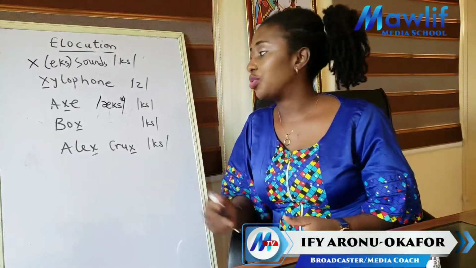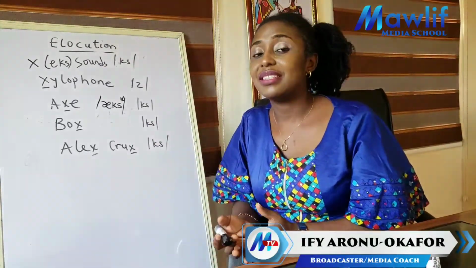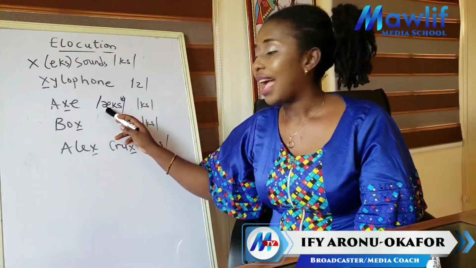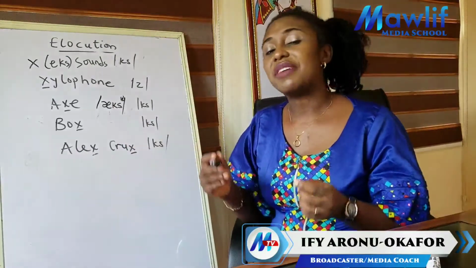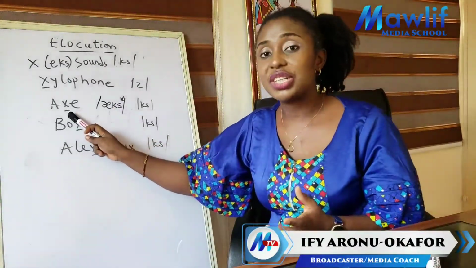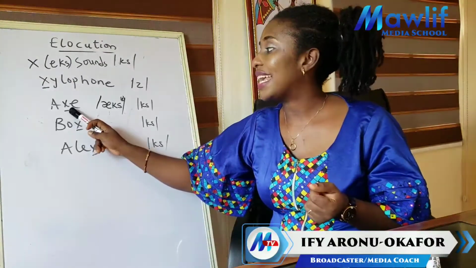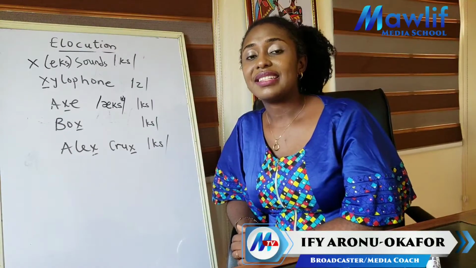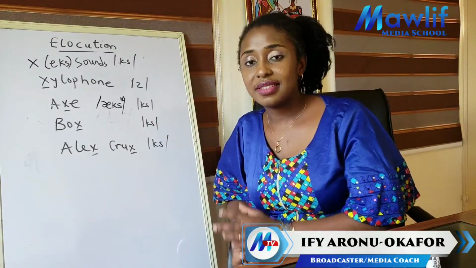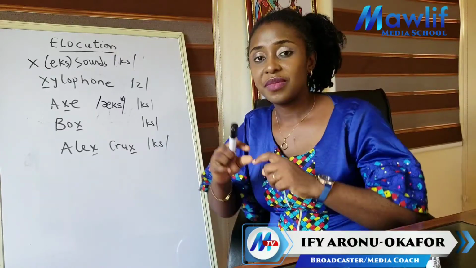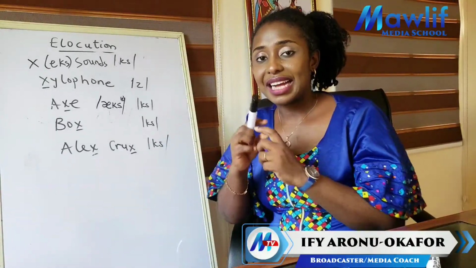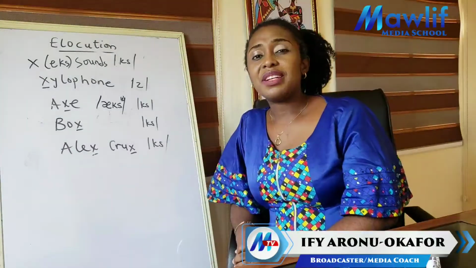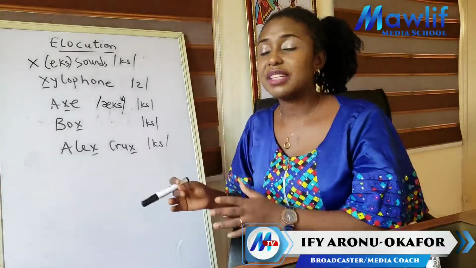That's what some dictionaries will do. At the end of it, you will find E in brackets because it is silent. So that word is pronounced axe. So the sound of X, when it appears in this position in many words, is Ks. Let's say Ks. That is K, S. Then you bring them together. Axe.